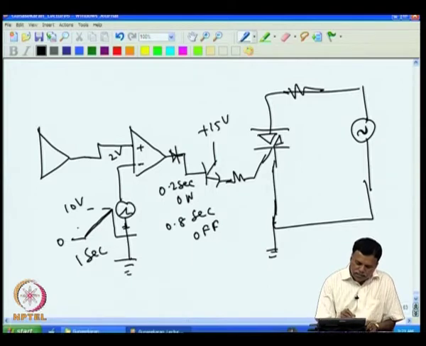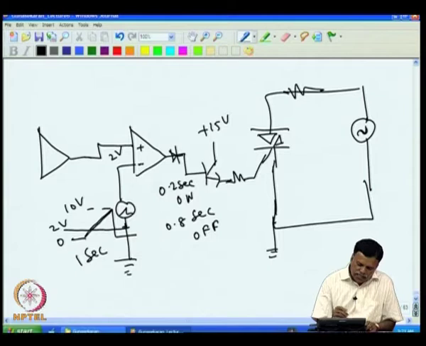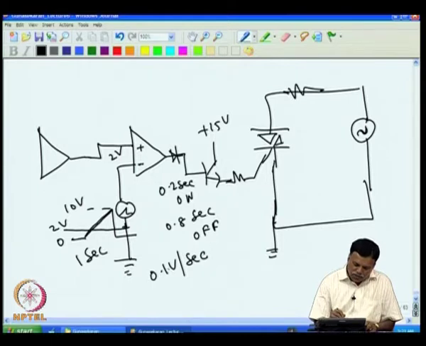Because here is the 2 volt. So, to reach 10 volt it takes 1 second.